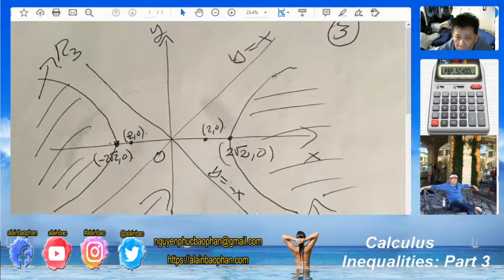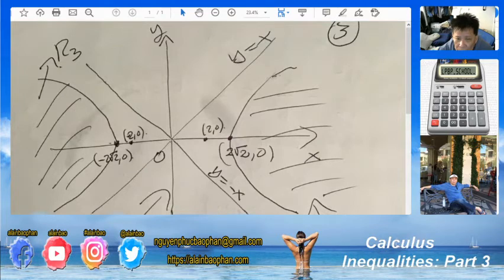And then the distance between the vertices, we know it. The distance from here to here is equal to a. So a equals 2, 2 times 2 equals 4, right? So from here to here equals 4.